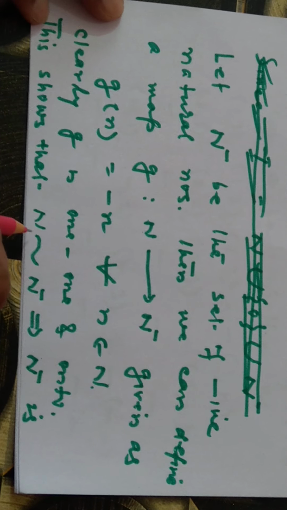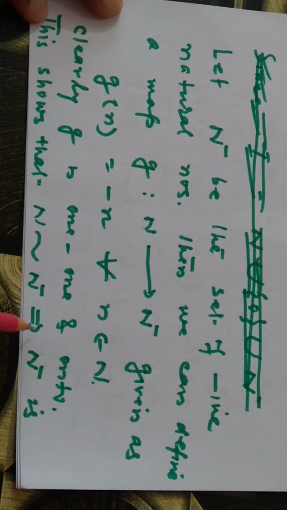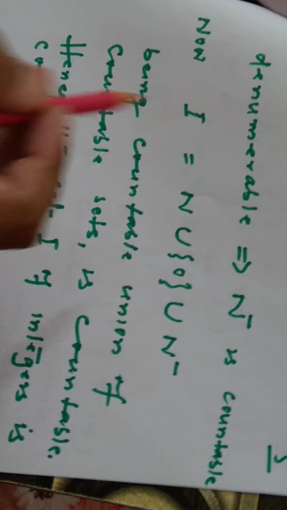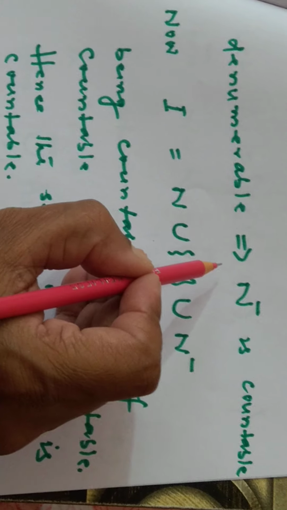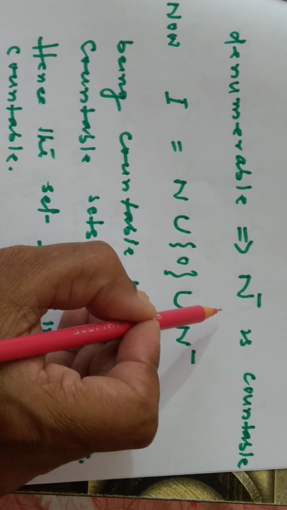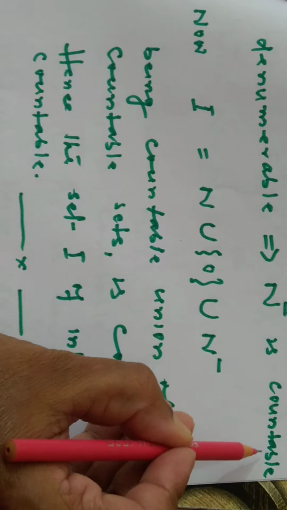This shows that N is equivalent to N minus. This implies N minus, that is the set of negative integers, is denumerable, and denumerability implies the countability of a set, and this implies N minus is countable.